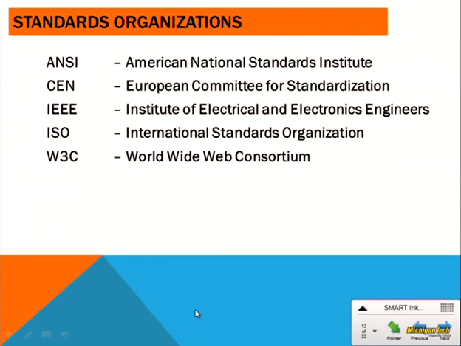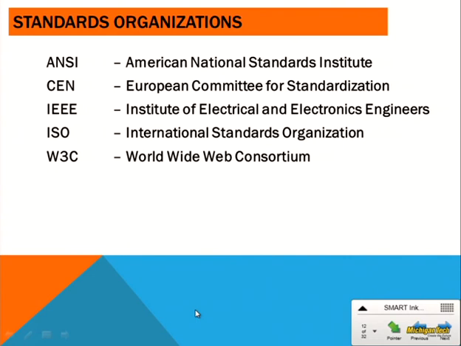So we talk about standards. Just now, standards are based on consensus and also approved by a recognized body. This kind of recognized body we call a standards organization. Not only for health information systems, for other information systems we also have standards.